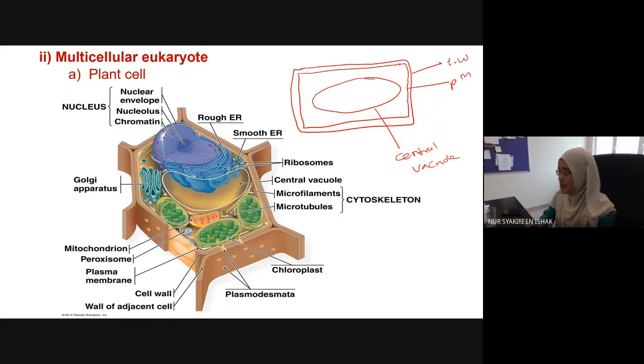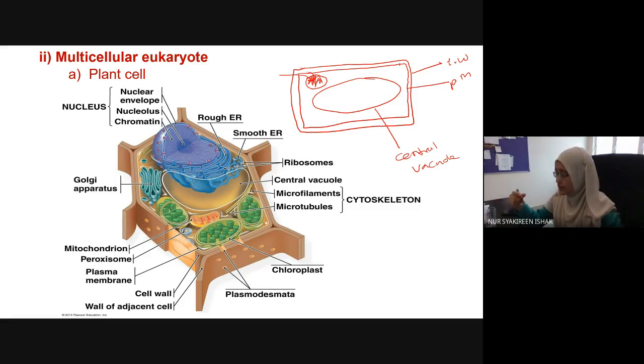And because the plant cell has a large central vacuole, the nucleus of the plant cell is located at the peripheral. Meaning due to the large size of the central vacuole, it pushes all the other organelles to the side. The location of the nucleus here is at the peripheral, at the edge of the cell.